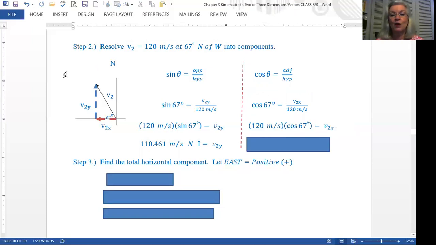And then you punch in 120 times the cosine of 67 and hit enter. And if you are in degree mode, you should get 46.887 meters per second, and it goes west because west is the horizontal direction that we were given.